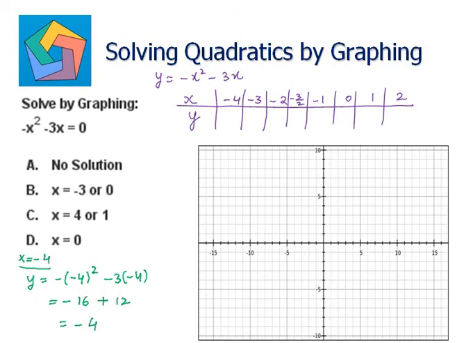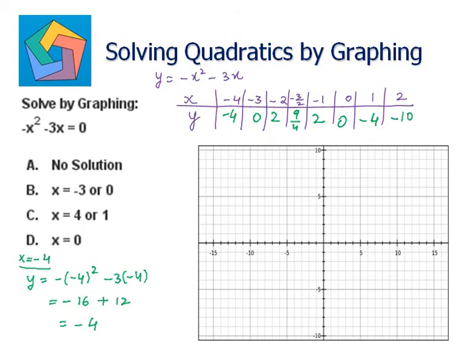So at negative 4 the value is negative 4. Similarly we can find the other values, and at negative 3 I'll get 0. At negative 2 I get 2. At negative 3/2 I get 9/4. At negative 1 I get 2. At 0 I get 0. At 1 I get negative 4. And at 2 I get negative 10.